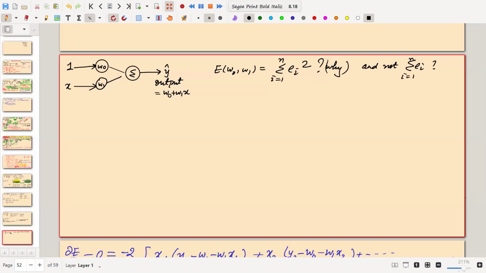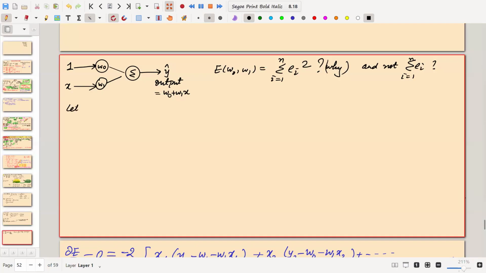We are not taking ei because some are positive. If a point is below, it will be negative. So positive and negative cancel out. But when cancelling out, the final term which one will you get? Whether positive or negative or what? It can be either. Okay, let's see.